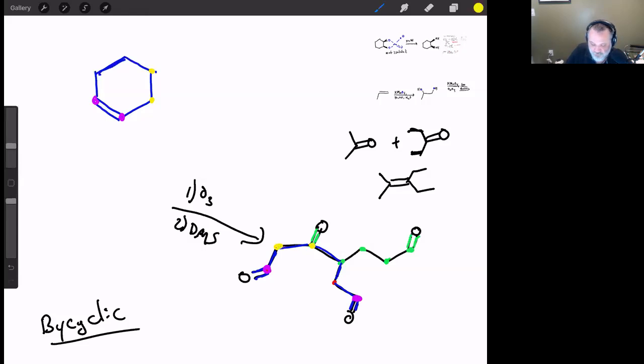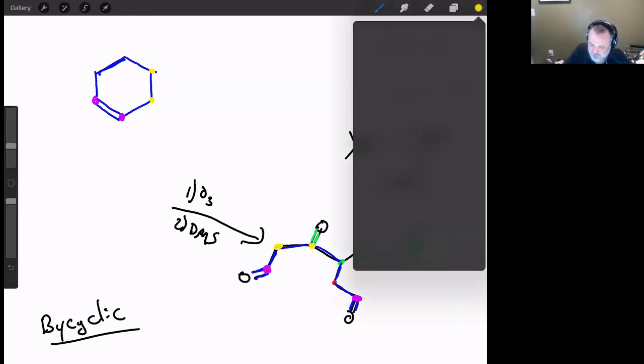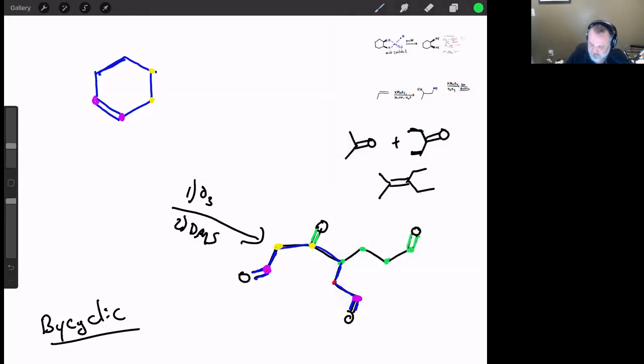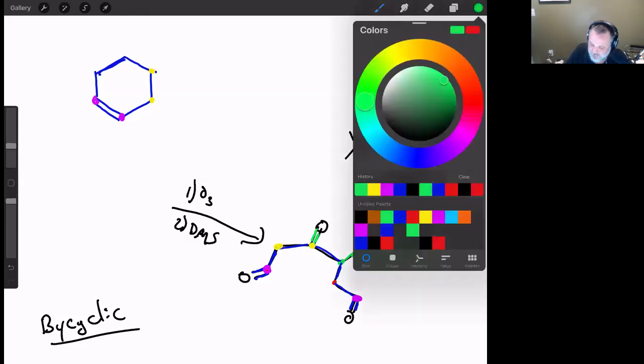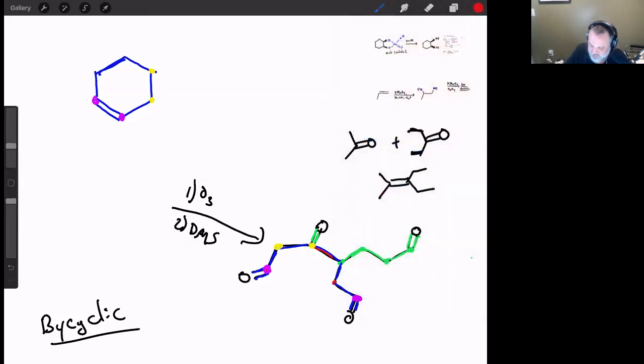And so if I were to draw that 5-membered ring, let's draw it in green. It's 1, 2, 3, but it also includes this bond. They share the same bond.